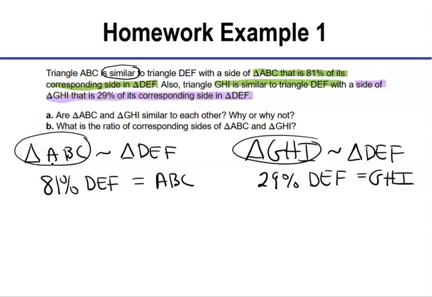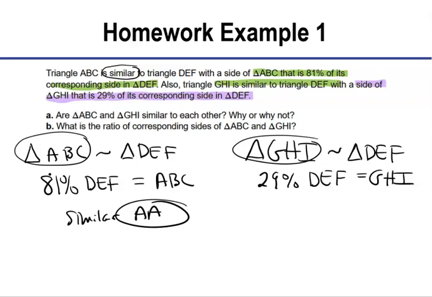We already know they have the same angles, right? How do we know they have the same angles? Well, because they're similar. Matter of fact, we could say they're similar because of angle is what I argue, without even considering the sides, because if ABC is similar to DEF, then they have the same angle measure. And GHI is similar to DEF, they have the same angle measure. So ABC has the same angle measure as GHI. Done with that question. That's how I would argue that.